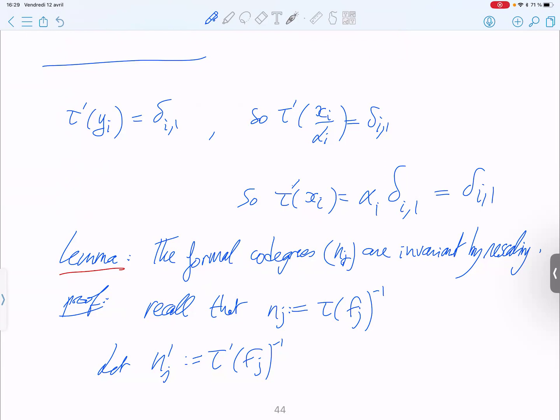Because alpha 1 equal 1, and if i is different from 1, you have 0. So, in fact, you have something more direct here.